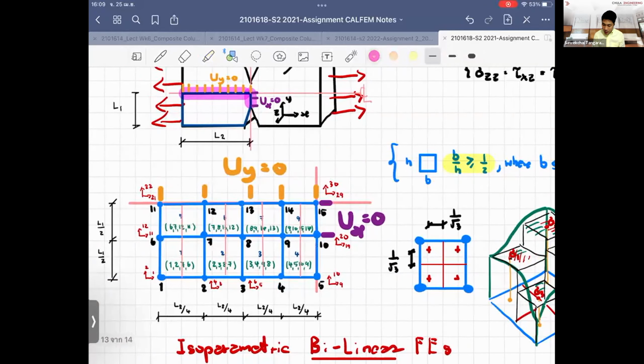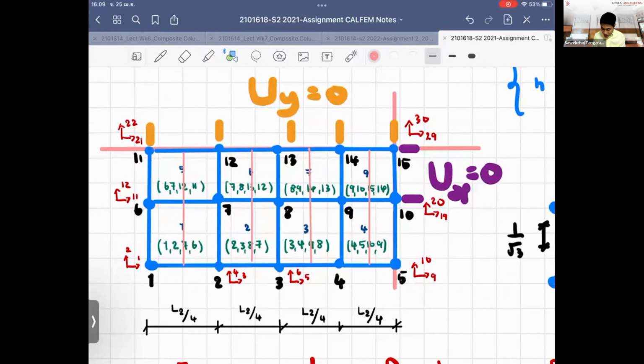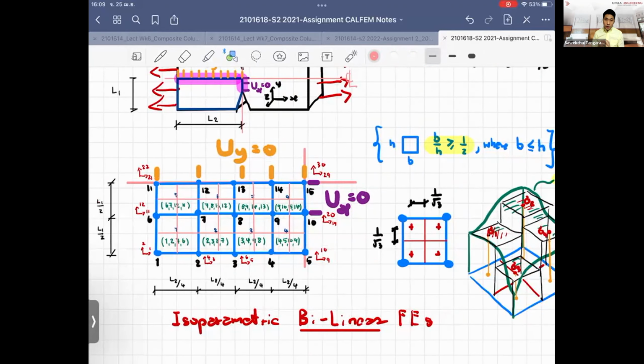So to make it a nice mesh, we have to discretize them along the line here as well. Once we do this, it will split the number of elements from 8 to become 32. How to become 32? Because each element can be subdivided into 4. So you use 8 times 4, you get 32.